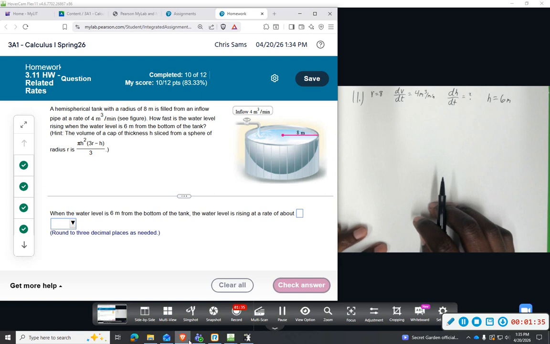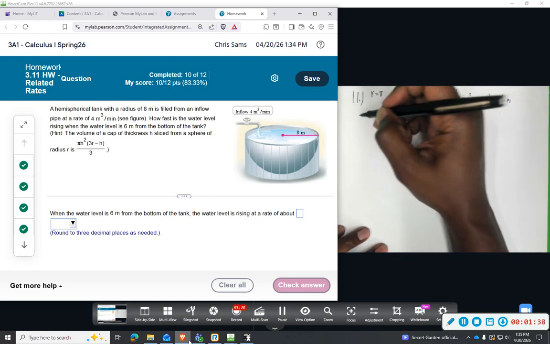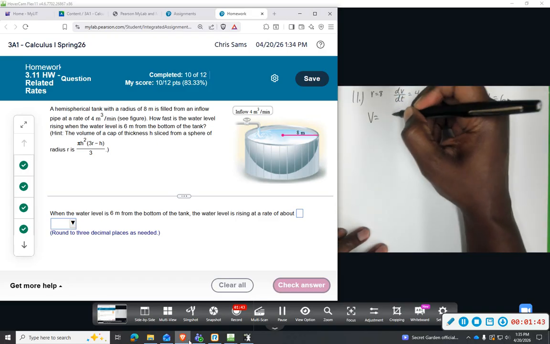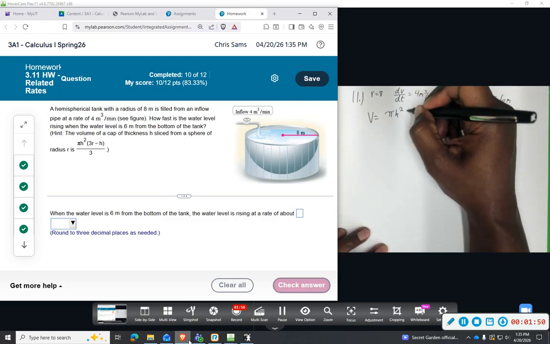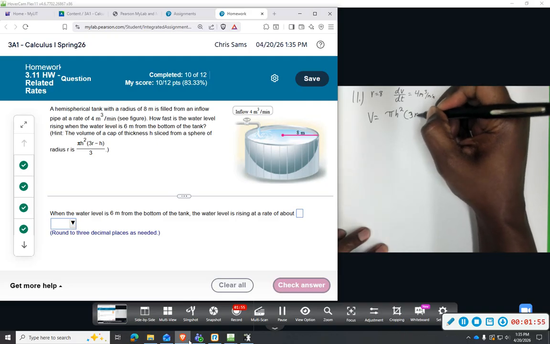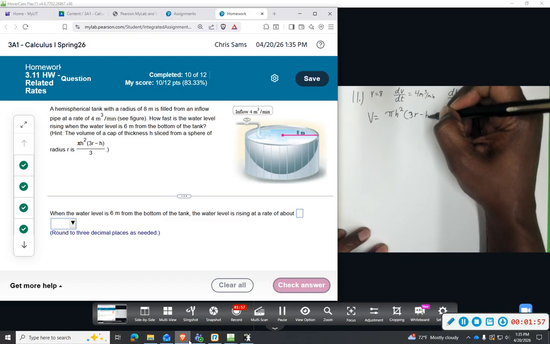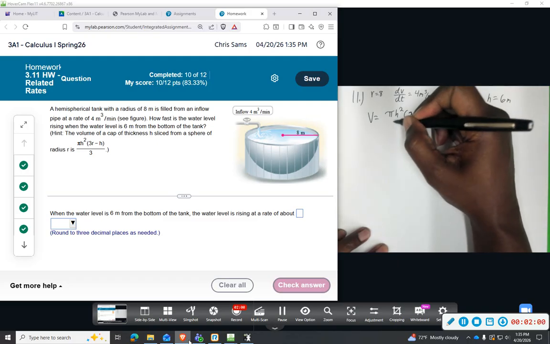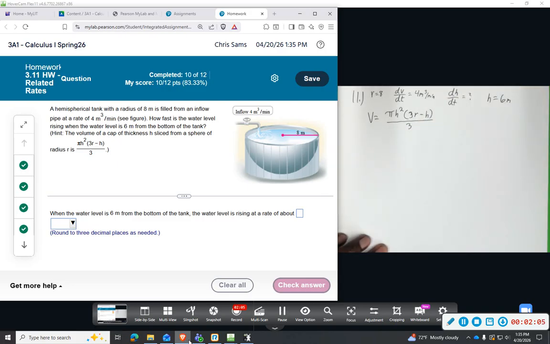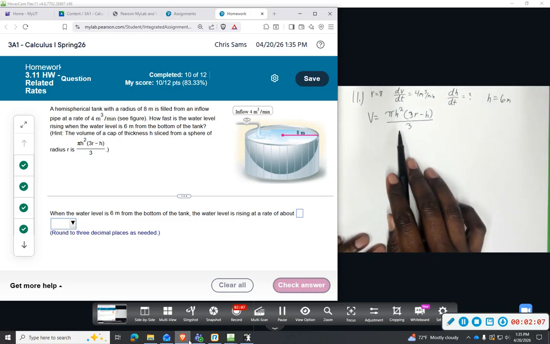Okay, and we are given the formula for the volume, which is pi h squared times (3r minus h), all divided by 3.